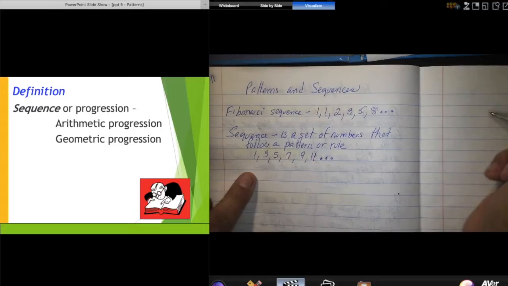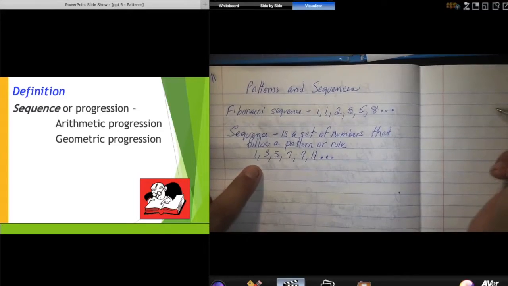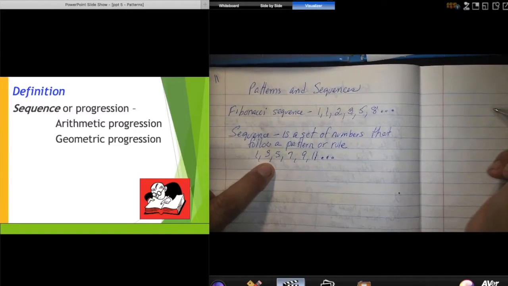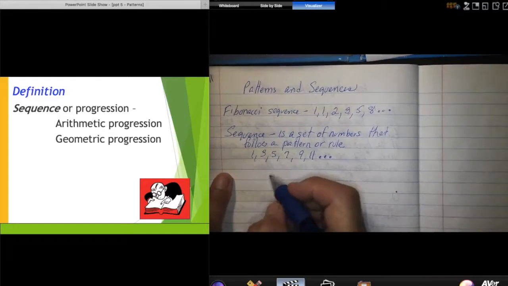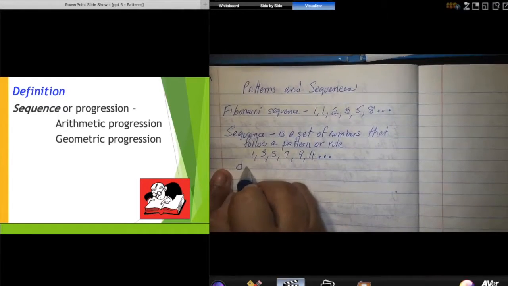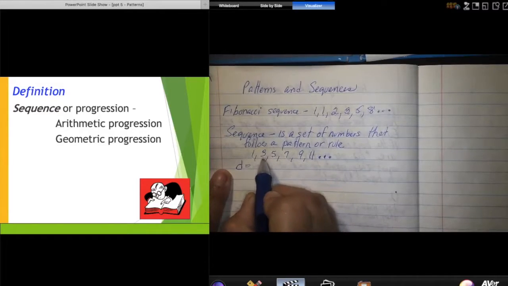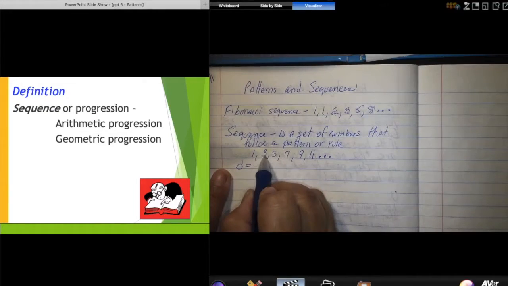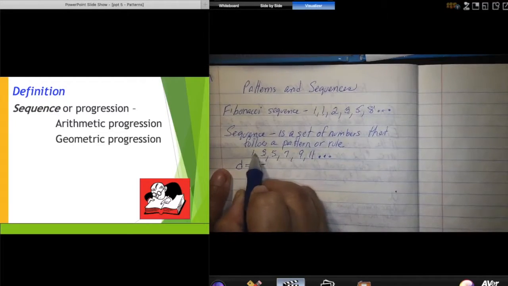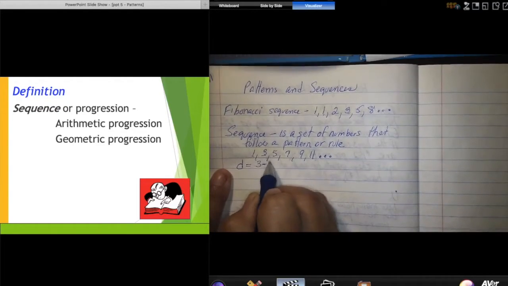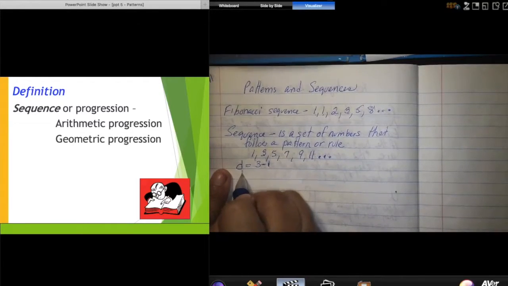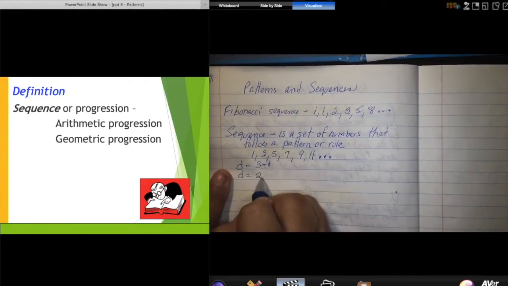I want to know, what is the rule? What is happening? How do I go from one number to the other? So we call that number the difference. So let's go ahead and look. We get the second term on the right, and I'm going to subtract it from the number to its left. So 3 minus 1 gives me a difference of 2.